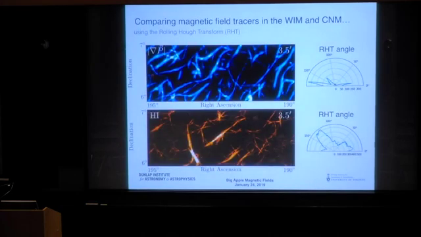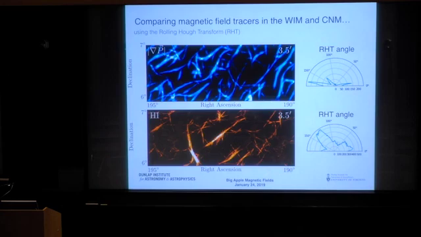So this is very preliminary, but one way that I've been looking into whether or not these phases actually know about each other is trying to look for some spatial correspondence between the polarized gradient of synchrotron radiation, which is probing the warm ionized medium, and the H1 linear features, which is probing the cold neutral medium.